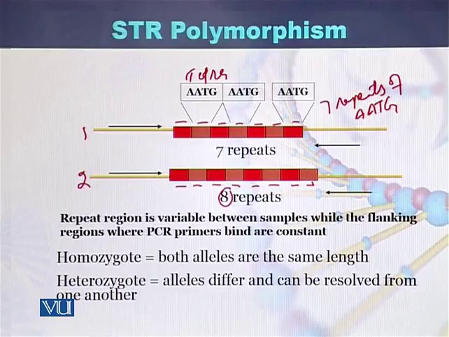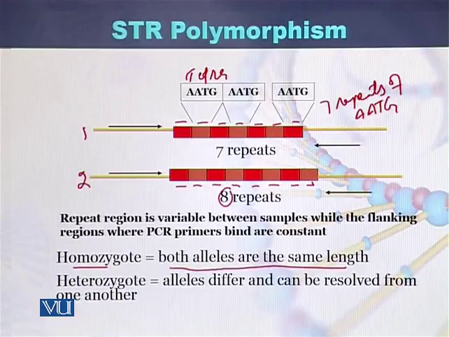If both alleles are of the same length, they will be called homozygote, while if they differ from each other, they will be called heterozygote. So in this case individual 1 has 7 repeats, while individual 2 has 8 repeats. So these individuals are heterozygote.